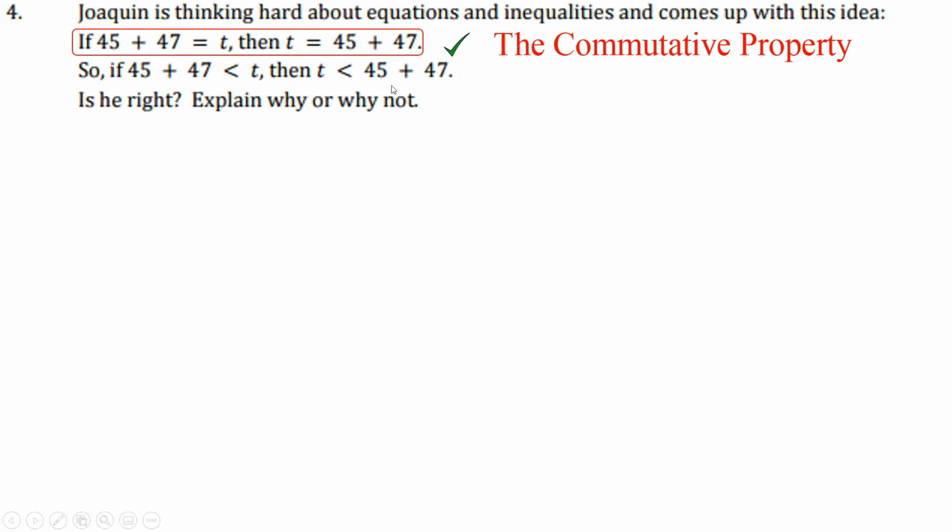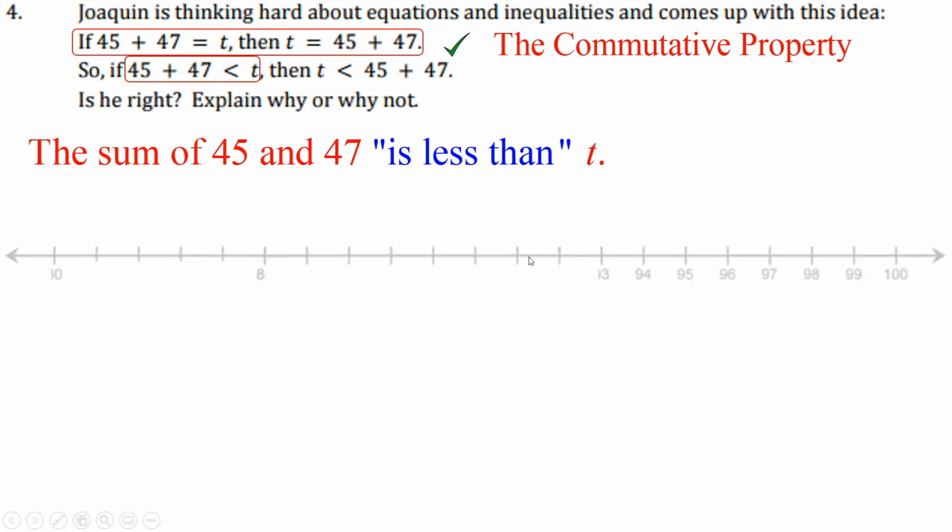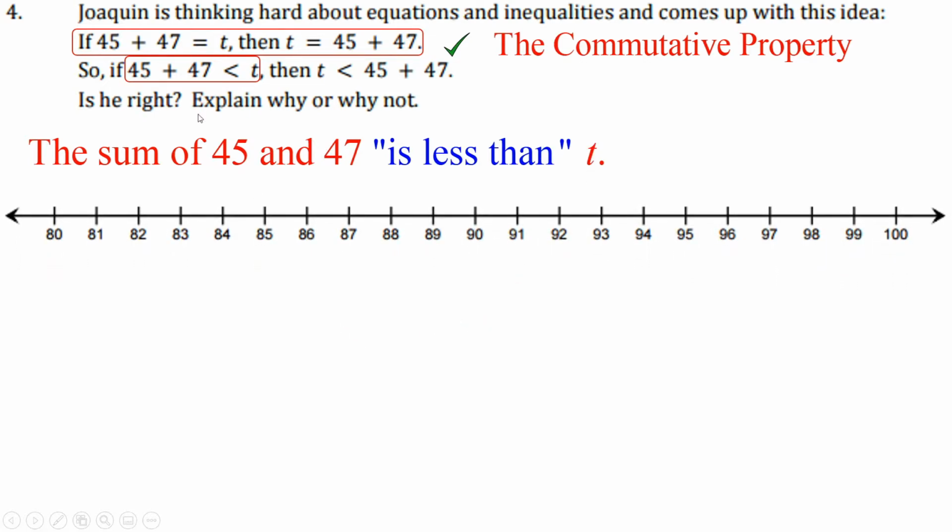Well, let's put Joaquin's thinking on a number line. The sum of 45 and 47 is less than t. Number line. Okay, well, what is 45 plus 47? That would be 92. So, 92 right there. Okay, and I'm going to go is less than, open dot, there's no equals, t.